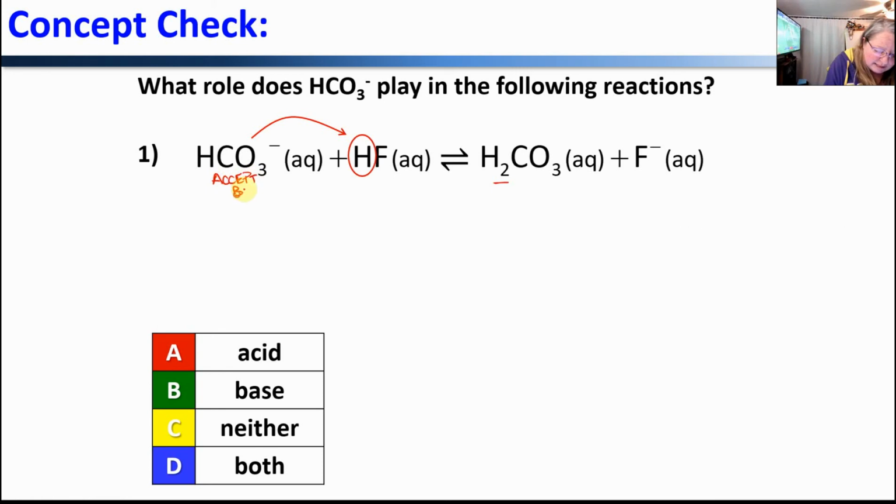That makes me the base, and that makes HF the acid. I look on this side, so fluoride ion is going to be the conjugate base, and H2CO3 is going to be the conjugate acid.